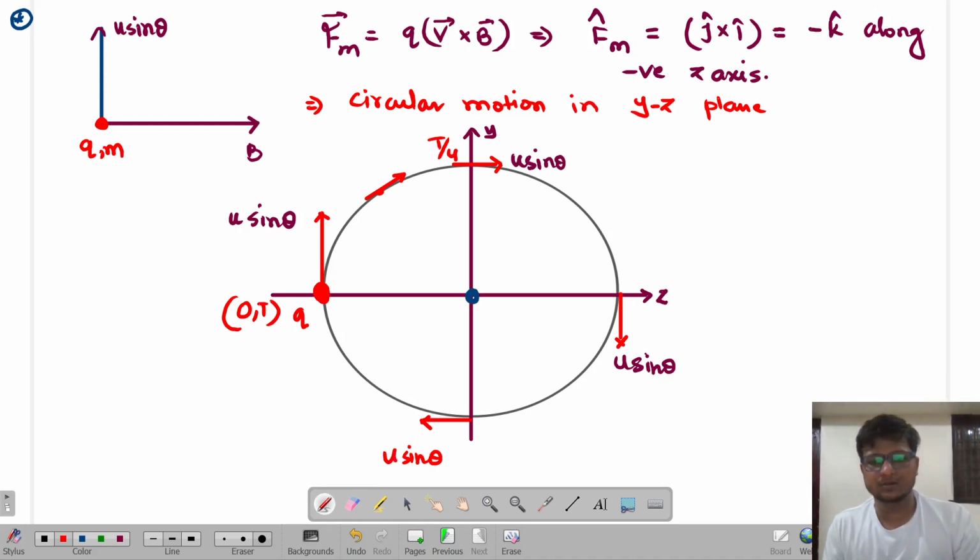Clear? Now, let us talk about this point. When I consider this center, what is its center basically if you look for? Tell me the value of the center. 3t by 4.